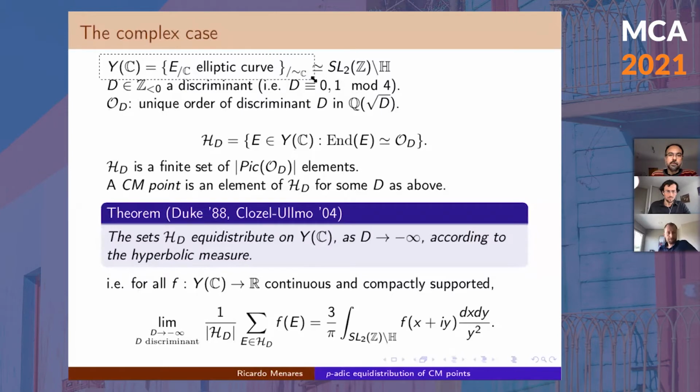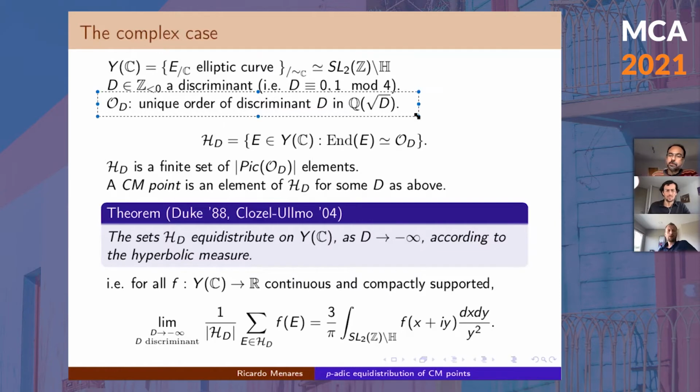So we will denote by Y(C) the moduli space of elliptic curves over C, so complex elliptic curves up to isomorphism over C, which, as is very well known, can be uniformized as a quotient of the upper half plane by SL2(Z). Now we fix a discriminant, which for us will be a negative integer, D, which is 0 or 1 mod 4.